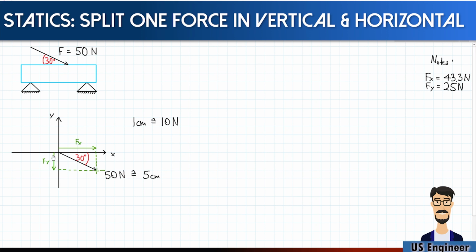And if you have drawn the force vectors correctly, then you should come up with the result that says that your Fx is equal to 4.3 centimeter, which is roughly 43 Newton. And your Fy should be 2.5 centimeters, which is equivalent to 25 Newton.